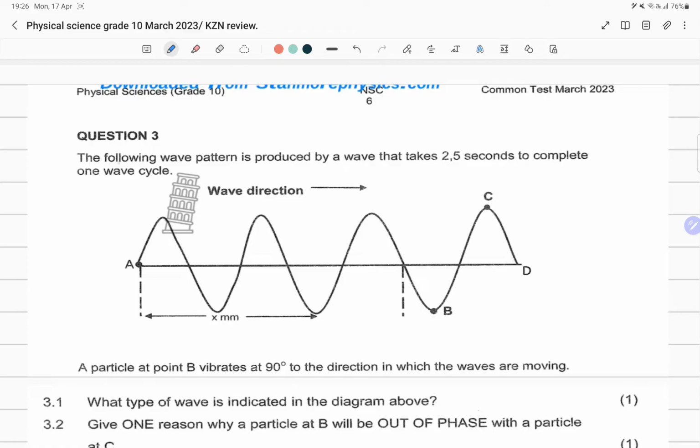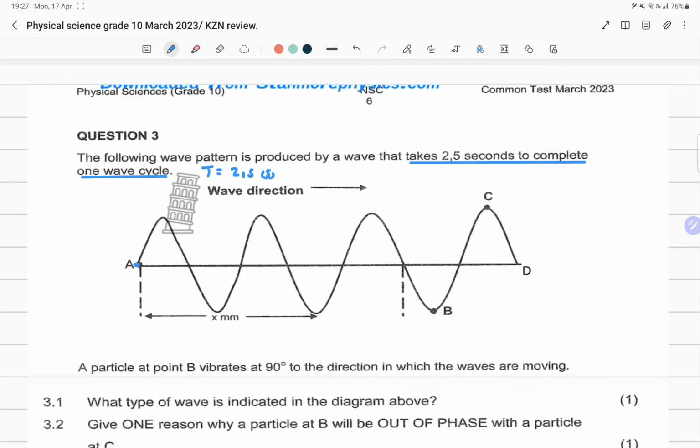Now, question 3 says, the following wave pattern is produced by a wave that takes 2.5 seconds to complete one cycle. So that means the period is 2.5 seconds. That's what we are given.